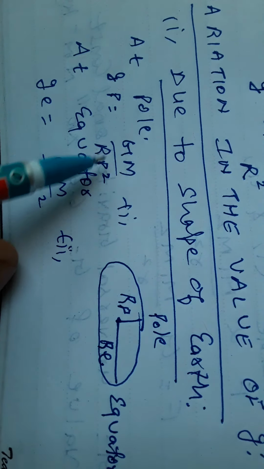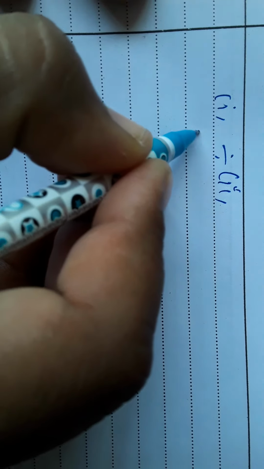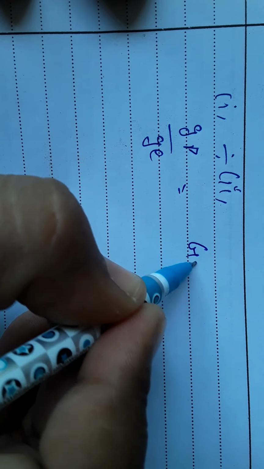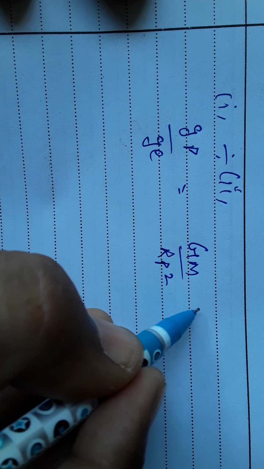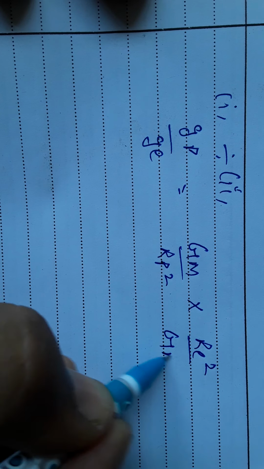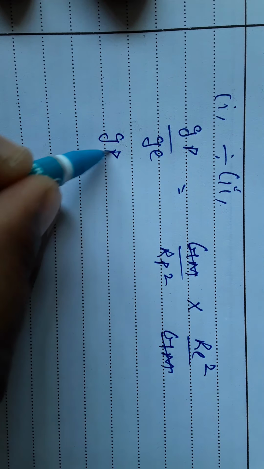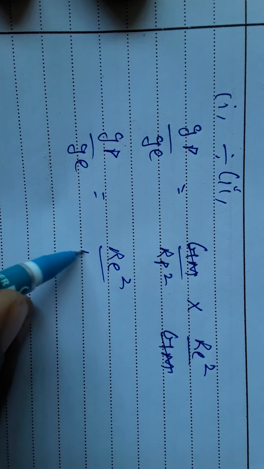Rp is the radius of the pole, Re is radius of the equator. Now equation first will be divided by second. So we can write Gp upon Ge equals GM upon Rp square times Re square upon GM. This GM will be cancelled. Gp upon Ge is equal to Re square upon Rp square.